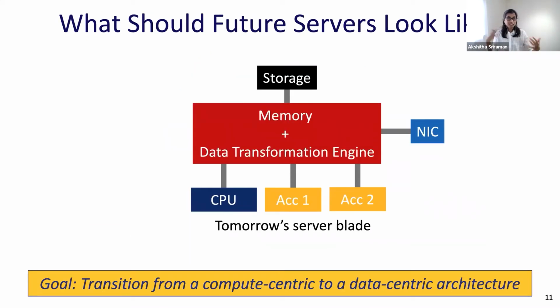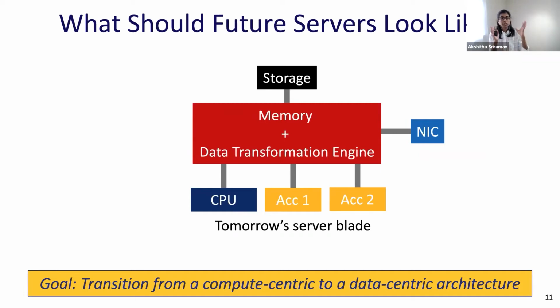So to minimize these data movement and transformation overheads, our goal is to fundamentally rethink data center hardware architectures from the ground up, where we transition from a compute-centric to a data-centric architecture.